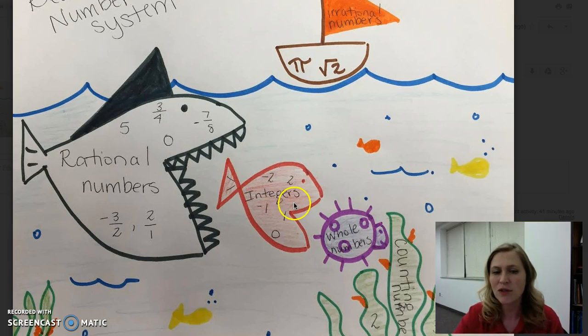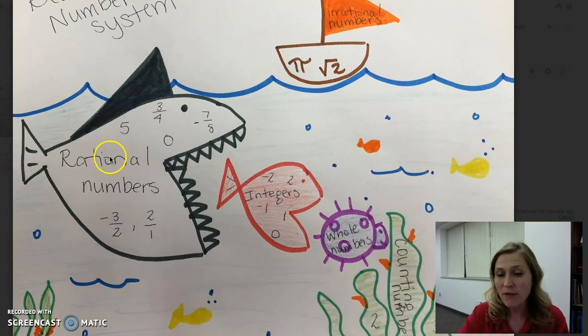So the integers, they have all the whole numbers, all the counting numbers, and now they have all the opposites as well. And then this great big fish is our rational number. So all of our fractions and their negatives, we have terminating decimals and repeating decimals. So if you wanted to write any of those as examples in your rational numbers, that works as well.